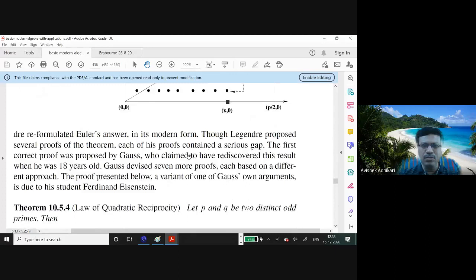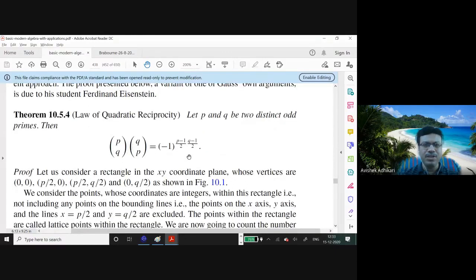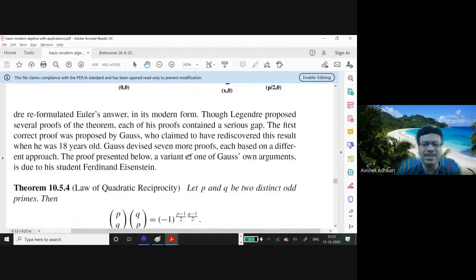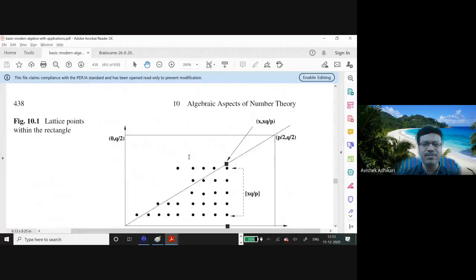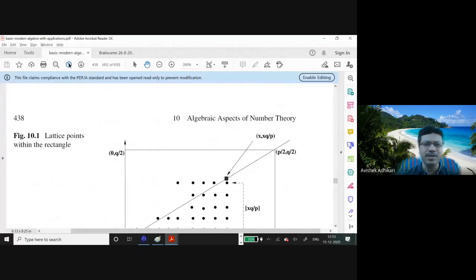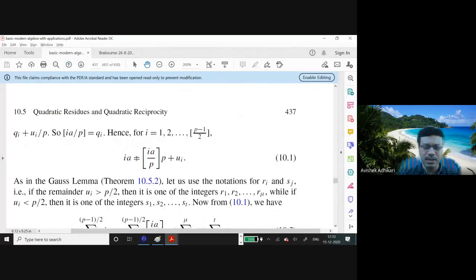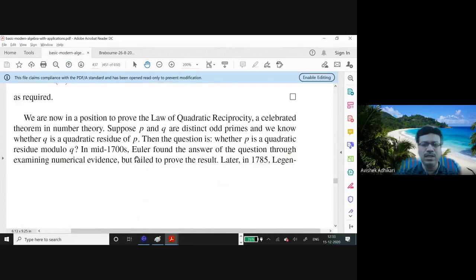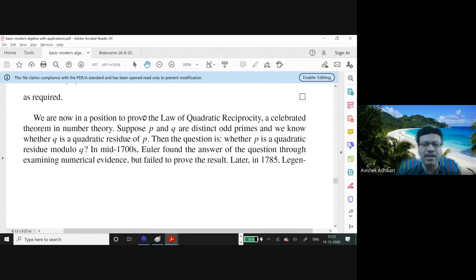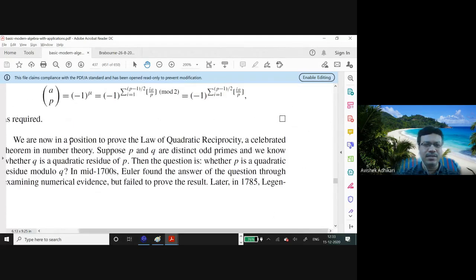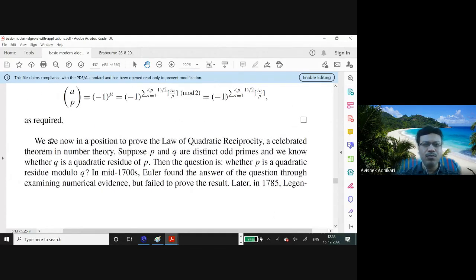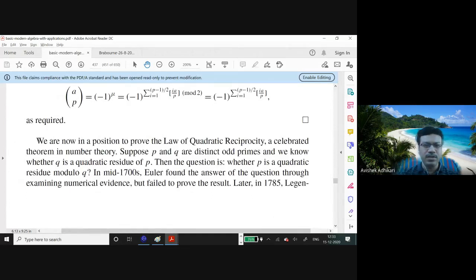I'm not going into the proof of this, but I will just give you the basic history. The history was quite interesting in proving the result. So you now know what the law of quadratic reciprocity is, right?